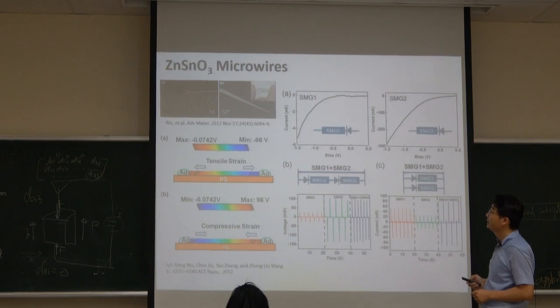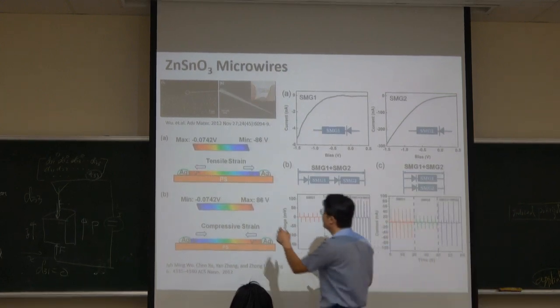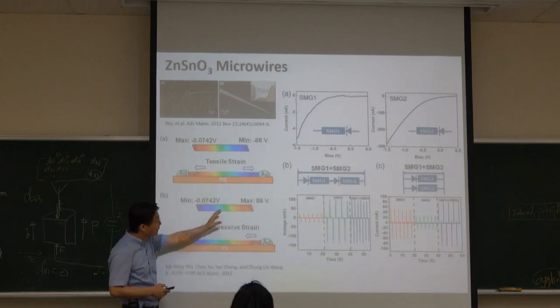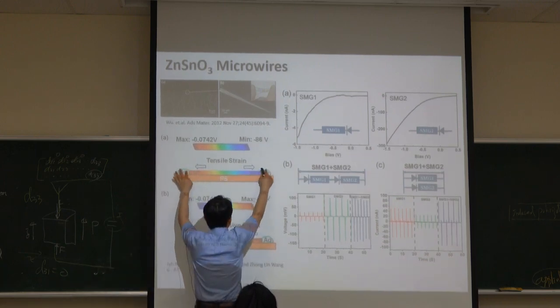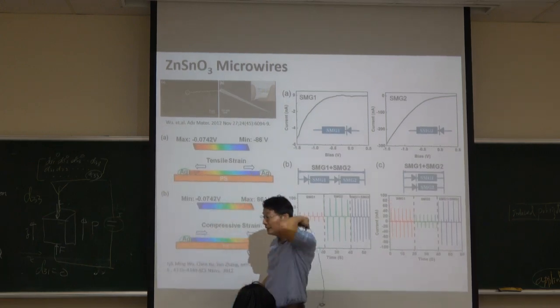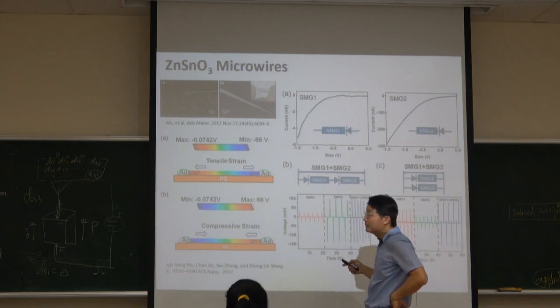So this is what I show you. I pick up one single microwire, which is needle-like, and embed it on the plastic substrate, the PS substrate. Then we mount silver on both sides. This is a cantilever simulation.